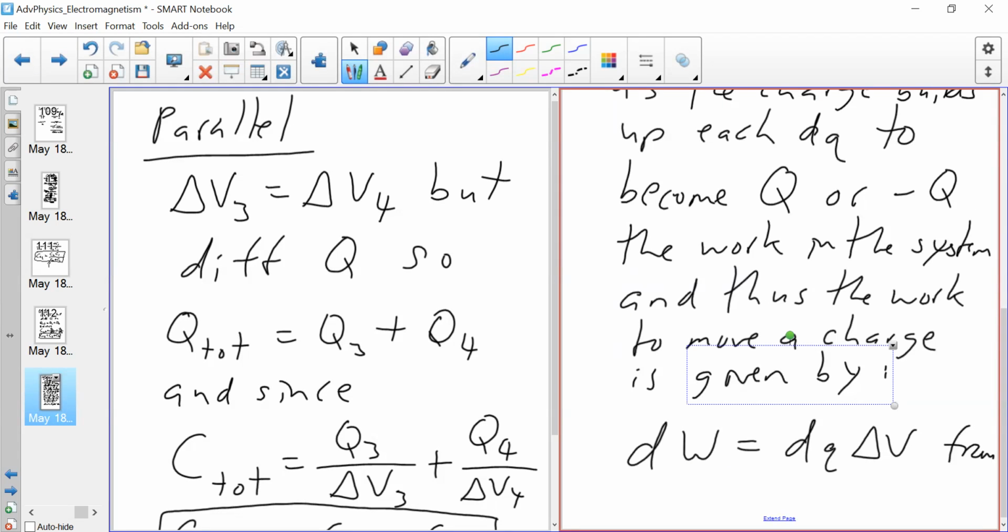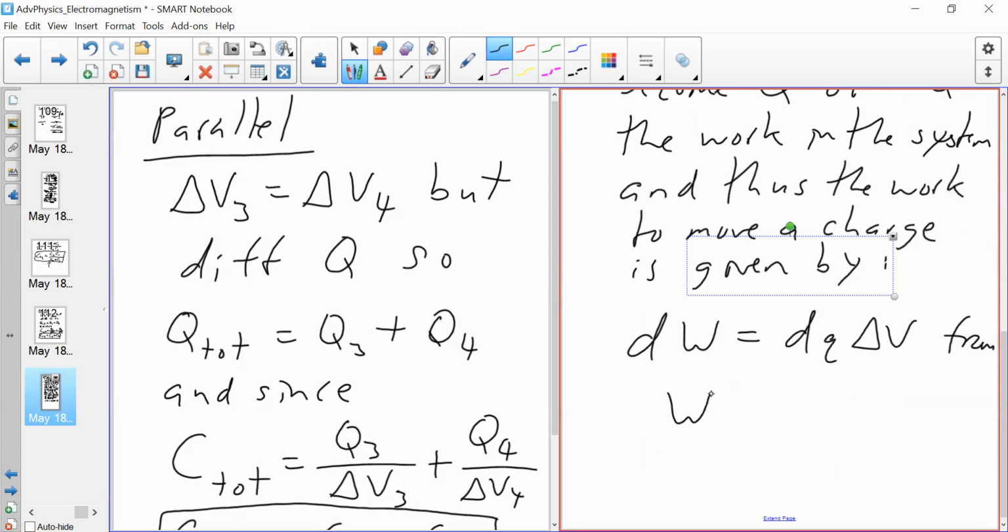From back at the beginning of chapter 25, we know that the total work is Q delta V, but we're talking about each dQ making up Q. It's going to incrementally build up. So each of those dQs does a little dW for that voltage difference. The voltage is determined by the battery.